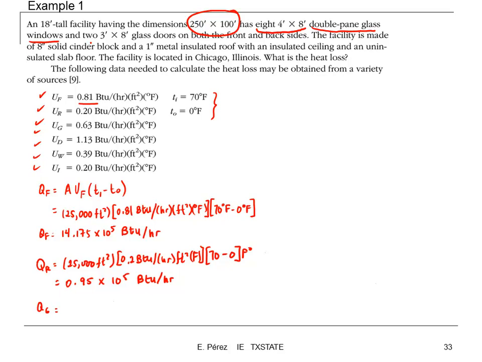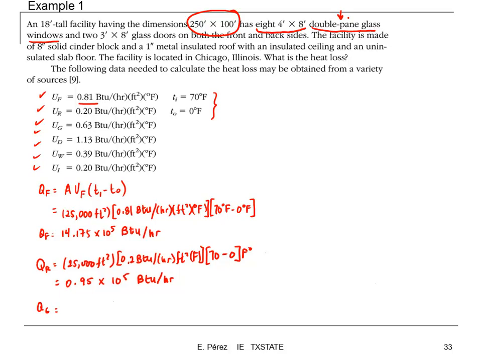So this is actually telling you that you're going to have a double pane type of window. So each window will count as 2.